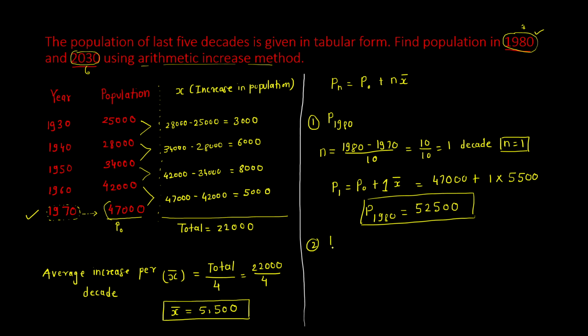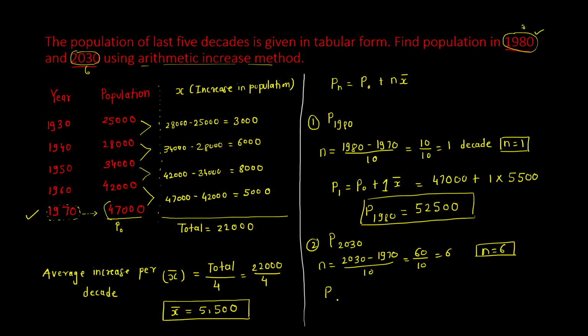Similarly, the population in 2030. How many decades will it be? So n will be equal to 2030 minus 1970 divided by 10. So this will be 60 divided by 10, that is 6. So the n value is 6.